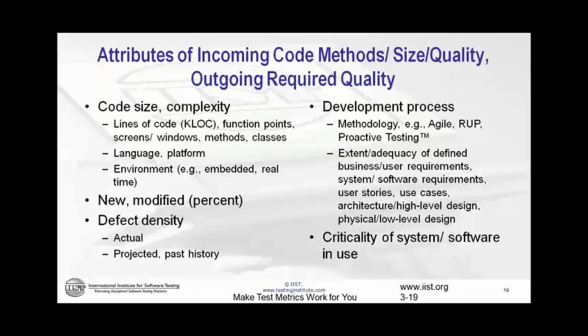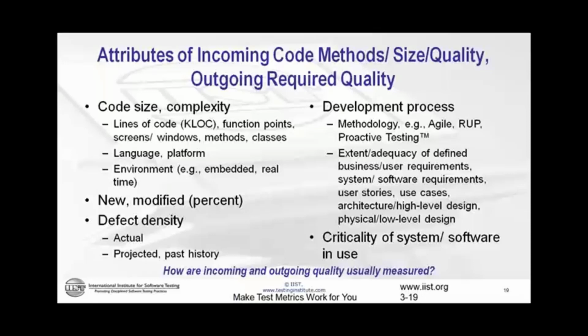And what about how critical the problem is? So we can have lots of defects that don't matter a whole lot to the user or the business, and then we've got some that really matter. So think about in your own world, how do you measure incoming quality?